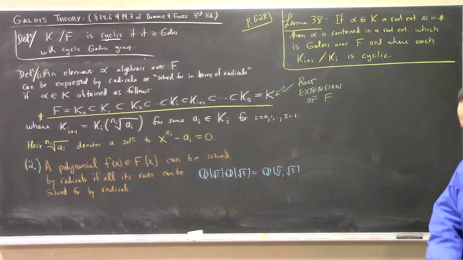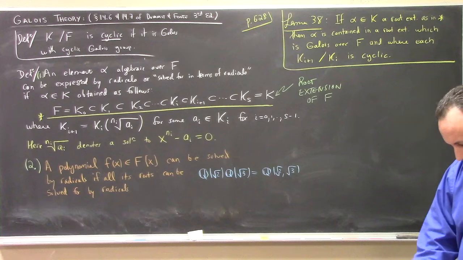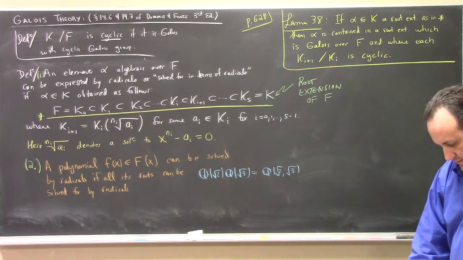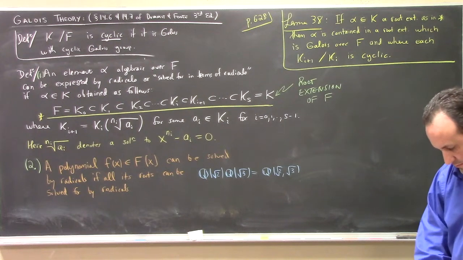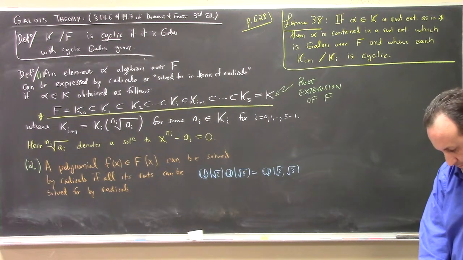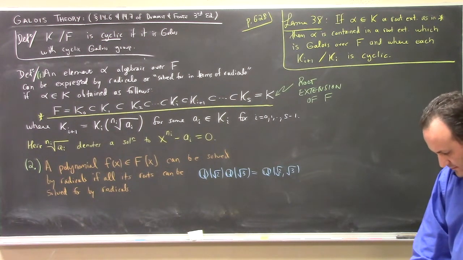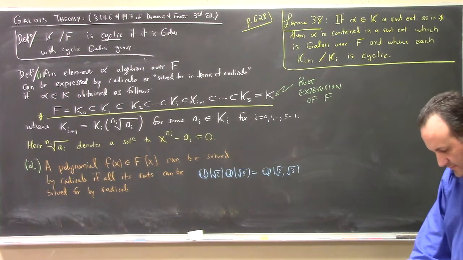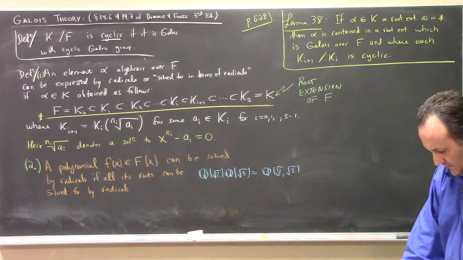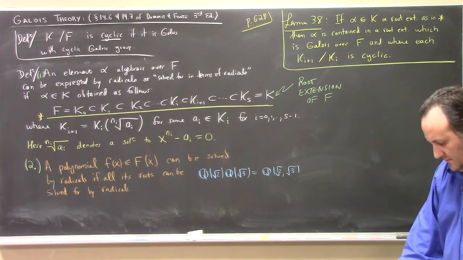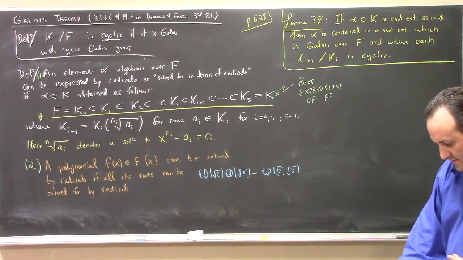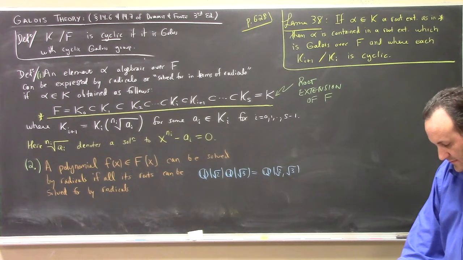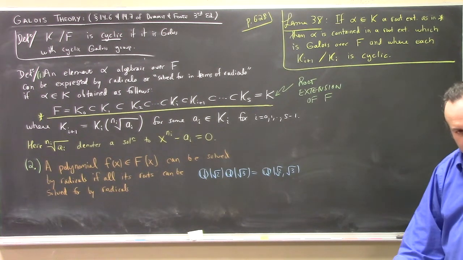Proposition, what was it? What's the number on that thing? I think it's Proposition 36 that we did earlier. So we'd have a field of characteristic not dividing n, which contains the nth roots of unity, and we would have an extension F adjoining the nth roots of a.